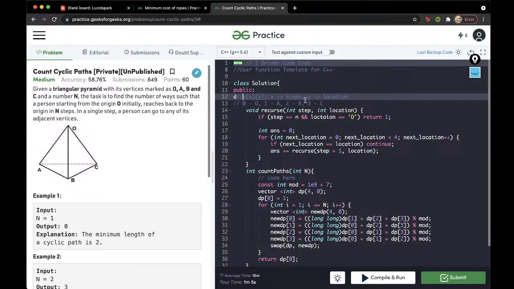If dp of x comma y is -1, then the answer for this state has not been calculated yet, or else it has been calculated. So if dp of location is not equal to -1, you just return the value that you have calculated.